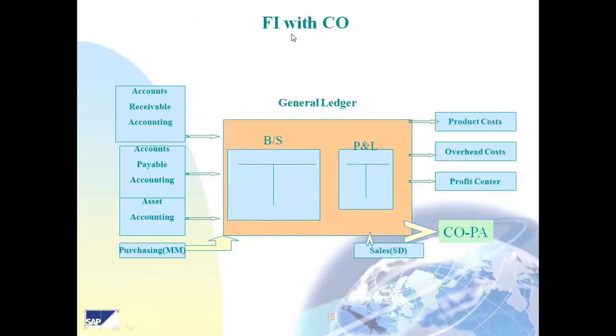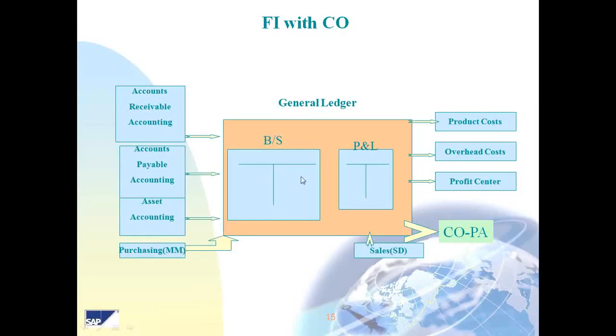If you compare the FI with the CO module, let us see how the data will flow from FI to CO. CO will not generate data on its own. It is based on FI. The data normally comes from the FI department. There is accounts receivable and, of course, payable, asset accounting, and material management.